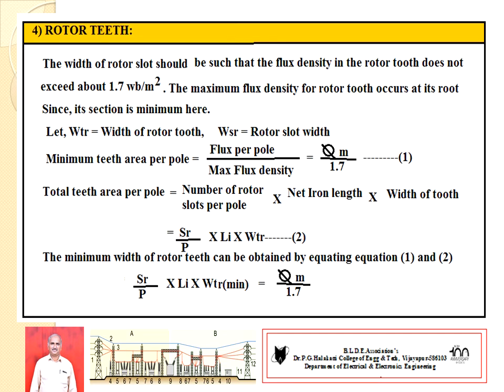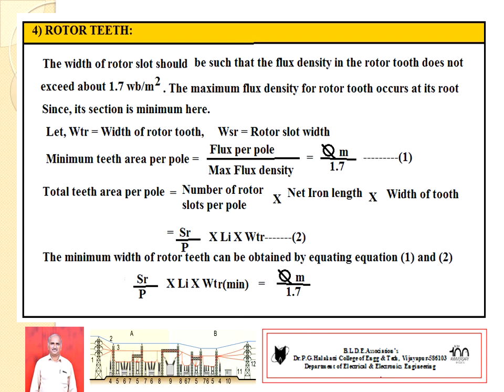Next is the rotor teeth. The width of the rotor slot should be designed in such a manner that the flux density in the rotor teeth does not exceed about 1.7 Webers per meter square. The flux density in the rotor teeth at its root is maximum, because at this place the width of the teeth is minimum, hence minimum area gives maximum flux density.